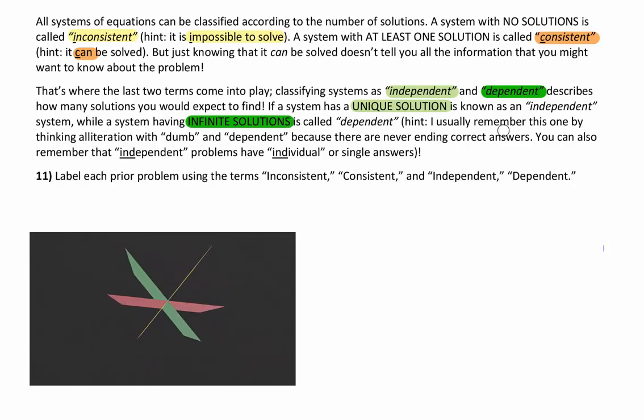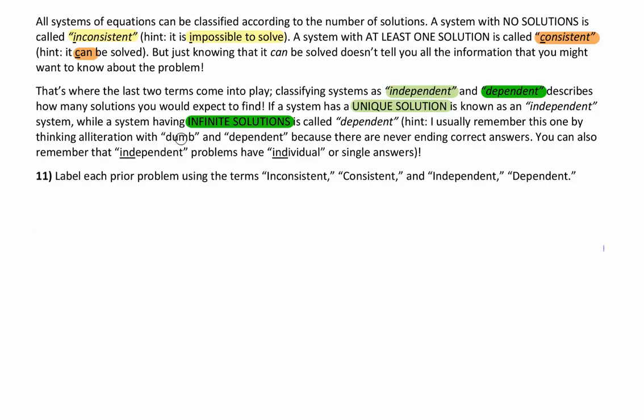So here are my hints. Usually I describe dependent as being the dumb case because there are never-ending correct answers. You could keep listing out correct answers for the rest of your life. You could also think about independent having individual or single answers. That's when it would intersect at one point, an independent point.